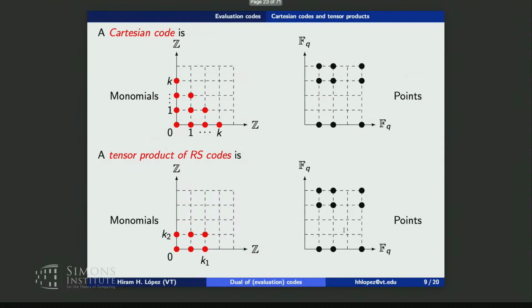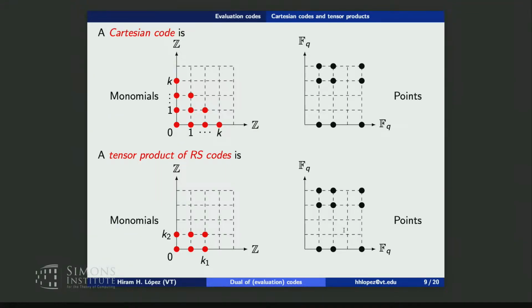And yes, what we have here is called a Cartesian code on the top. We are using, again, monomials up to a certain degree. And here, we are using a Cartesian set of points. Of course, when you take Fq squared, that is a Cartesian set of points. So this is a little bit more general, okay? And they are called Cartesian codes.